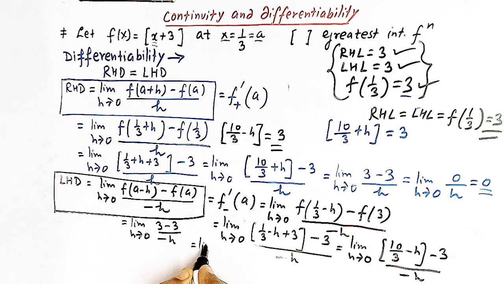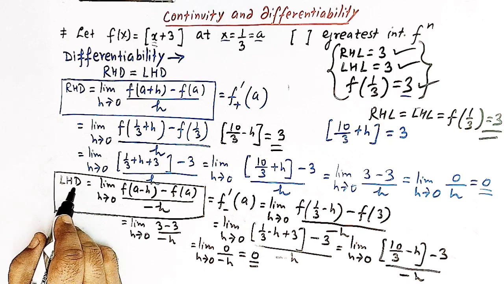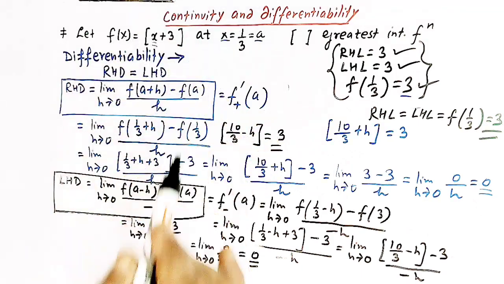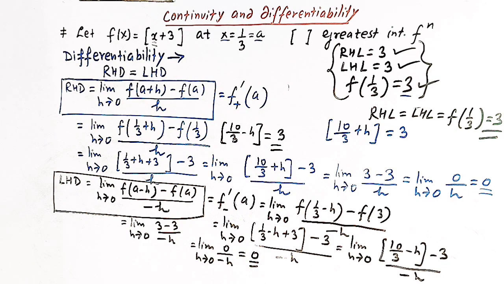So this is limit h tends to 0, 3 minus 3 is 0, over minus h, that is equal to 0, right? So we can see that the left hand derivative of this function at x is equal to 1 over 3 is equal to 0.